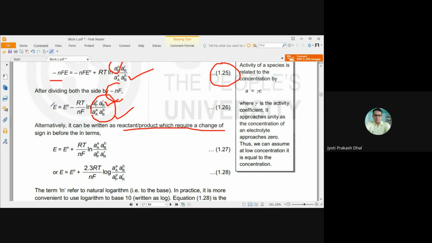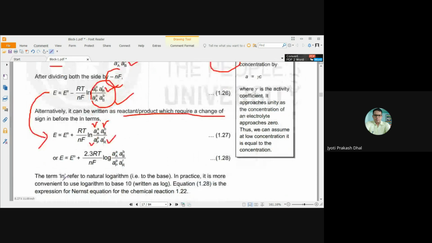So this equation 1.26 can be converted into E equals E° plus RT by nF ln activity of A to the power a into activity of B to the power b, that means reactants will come in the numerator, and activity of P to the power p into activity of R to the power r in the denominator. So we are just reversing this, so the negative sign becomes positive. And again, ln means natural logarithm.